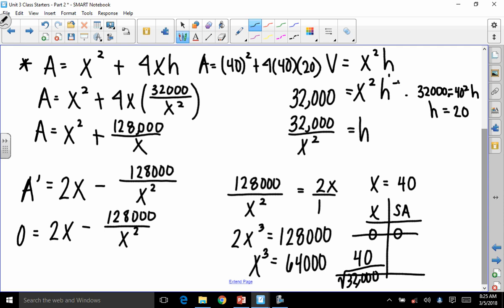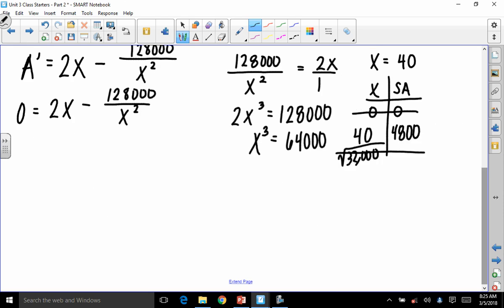So what is that minimum surface area? 40 squared plus 4 times 40 times 20. What is it? 4,800. So the minimum surface area is 4,800.